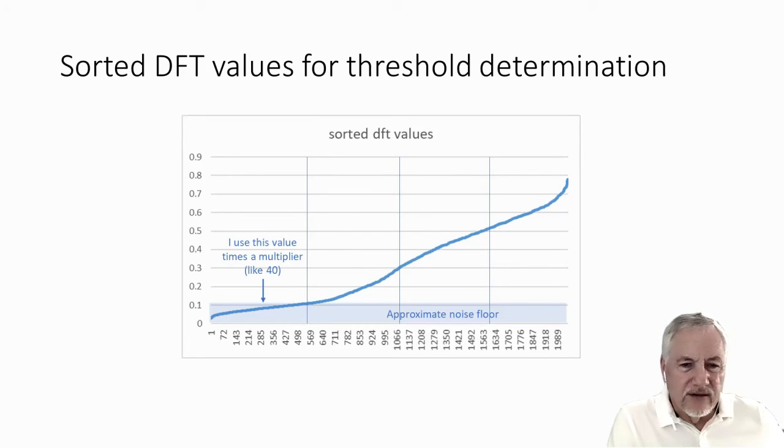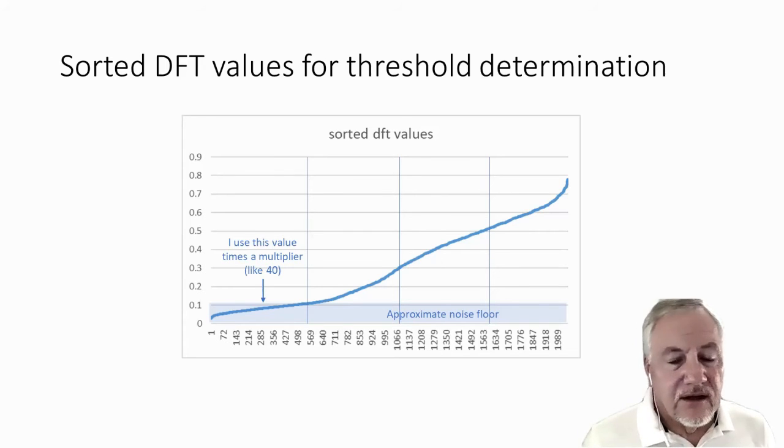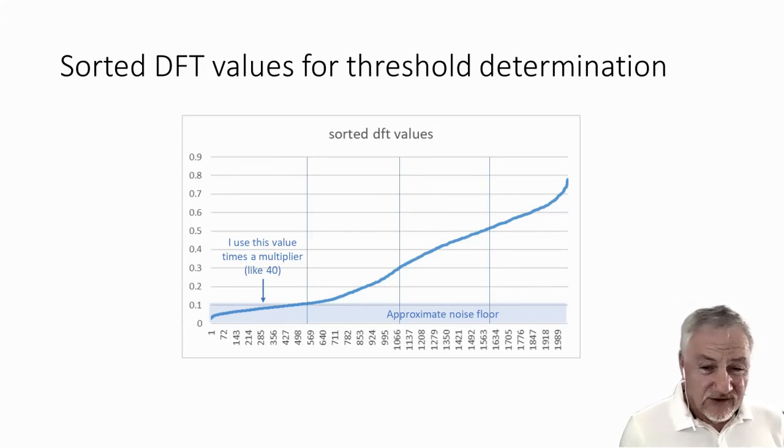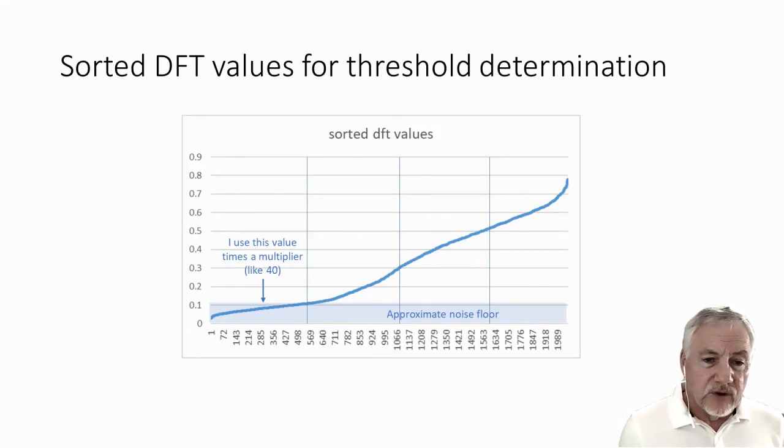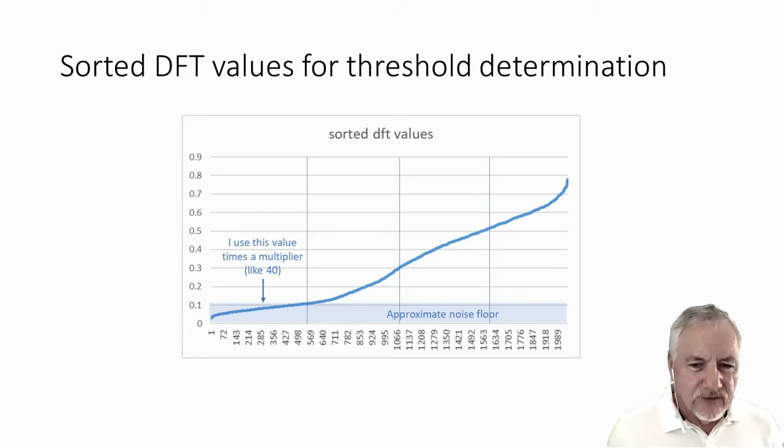There's a considerable amount in the left-hand half of this data that's closer to zero. So I just choose a value in the center of the first quartile and then use a multiplier. I assume that the data in the center of the first quartile is close to the noise floor. And then I'm going to move above the noise floor at some level by multiplying that value by a factor.